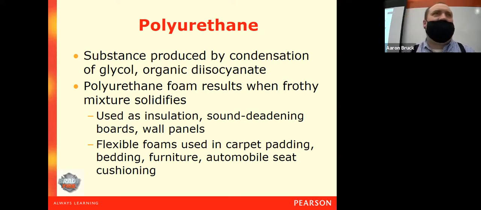And then all of a sudden, that froth goes from just your normal foamy, almost fizzy shaving cream-like material to rock hard solid. The resulting foam is polyurethane.